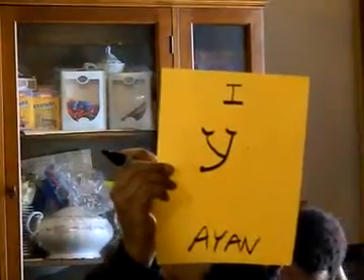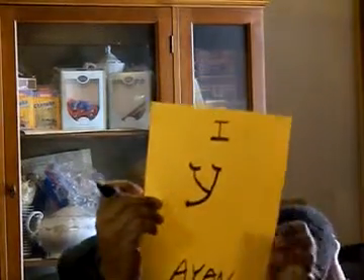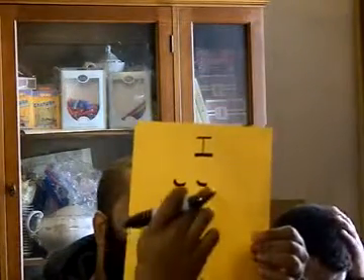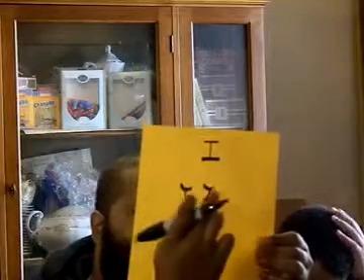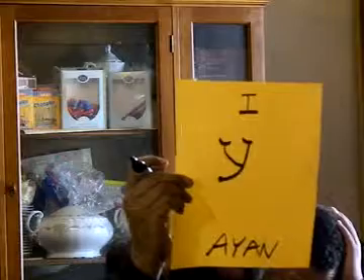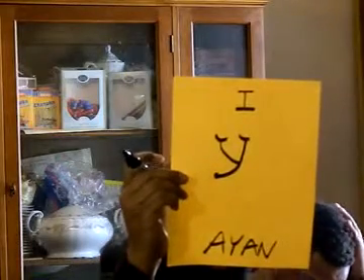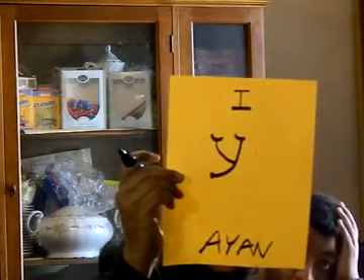It almost looks like a Y, but instead of the part going down, it has a little clip, almost like a Y with a little knob at the end. Sometimes they don't have the knob at the end, but this is the basic shape of the character I.